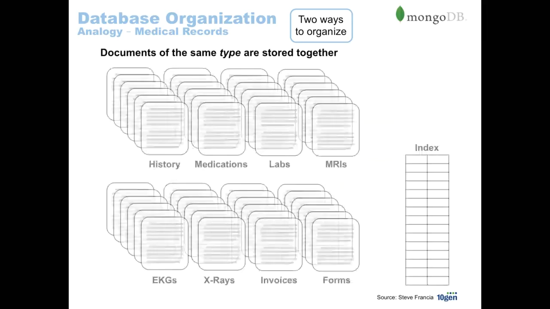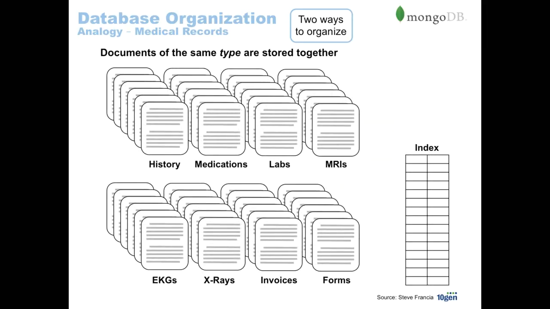Let's look at an analogy of medical records. There's two ways to organize medical records. You can put documents of the same type together. So you can have a drawer where you keep all medical histories, another drawer where you keep information about all your patients' medications, another for labs, and so on.